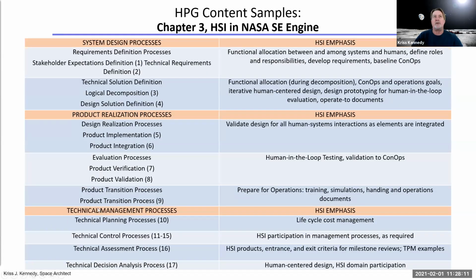This is a description of that aspect of the system design processes and the HSI emphasis. I'm not going to read through all this, but it is important for you, as you look through this, as you go through the different processes of system design, product realization, and then technical management, to see how the HSI aspects are incorporated into the different pieces of it.